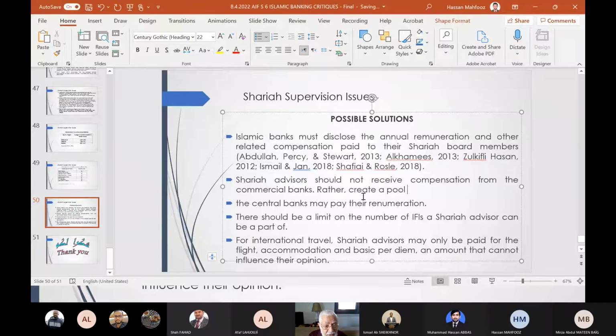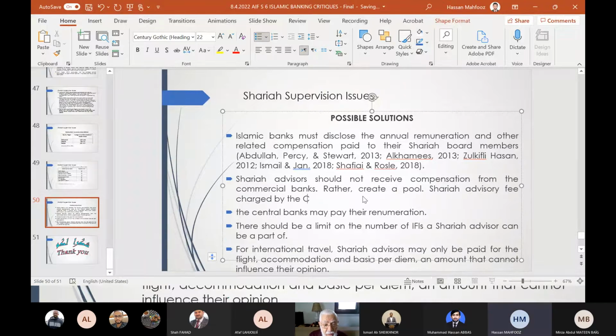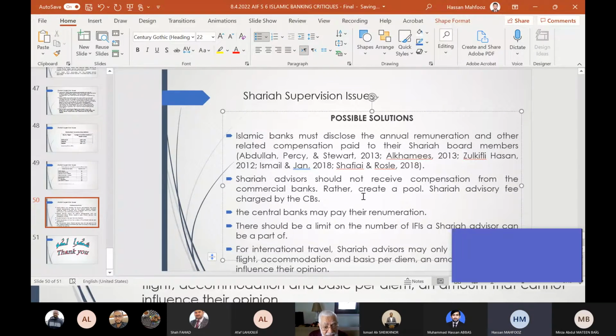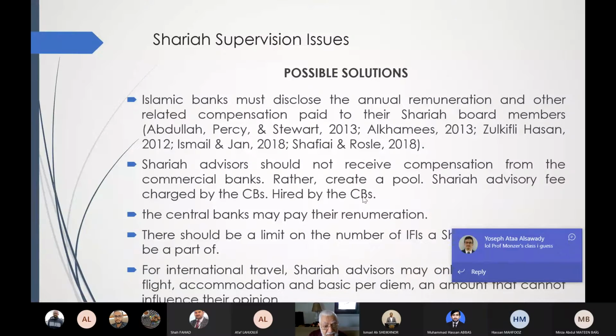In other words, instead of being employed and paid by the bank itself, they are employed by the central bank and paid from a fund created in the central bank by collecting special fees. Instead of paying directly to the Sharia board, the banks pay to the central bank.